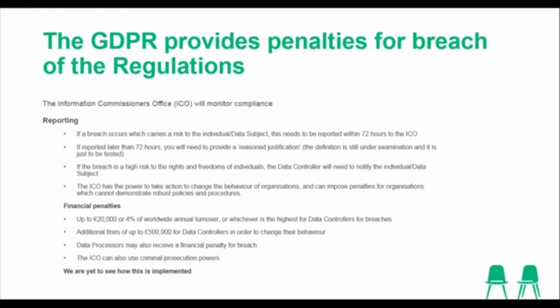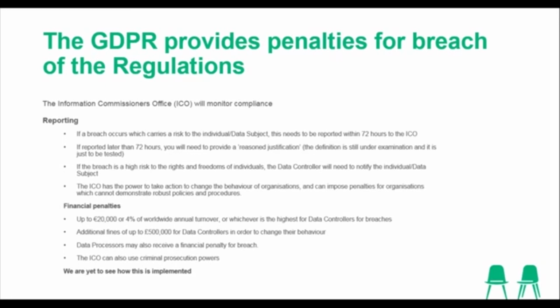There can be penalties imposed for organizations which cannot demonstrate that they are ready and have the policies and procedures in place. Financial penalties are pretty hard, so up to €20,000, or for bigger organizations, 4% of worldwide turnover, whichever is the highest.